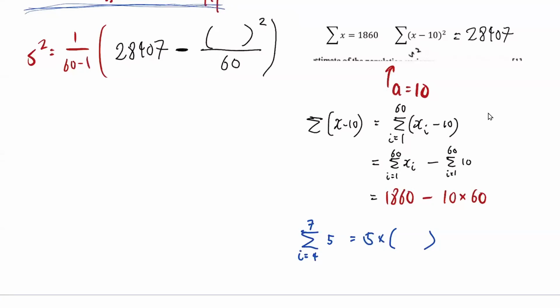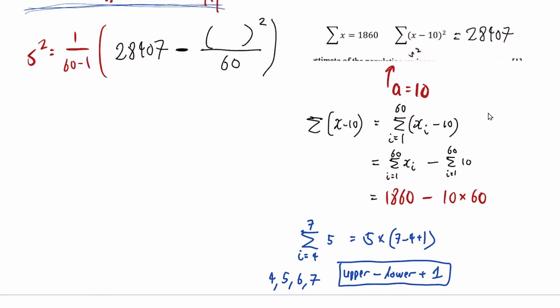Oh, careful. How many numbers are there? i equal to 4, 5, 6, 7. If you take 7 minus 4, that's just 3, not enough. Plus 1. Must remember upper minus lower plus 1 in order to get the number of terms. Okay? Always have a plus 1.